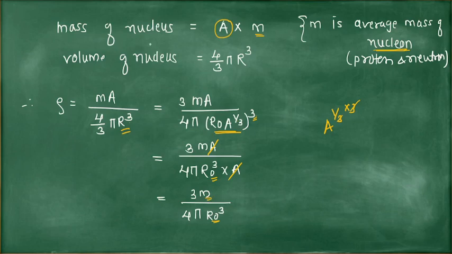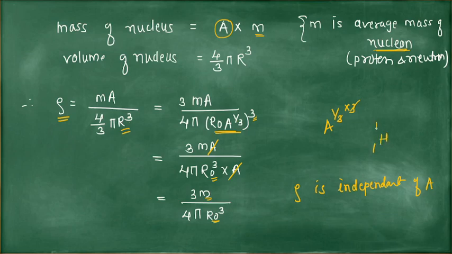So mass of nucleus depends on A, as well as size of nucleus depends on A. Still, rho does not depend on A. Rho is independent of A. What does this indicate? Density of nucleus, nuclear density, is constant for any element.